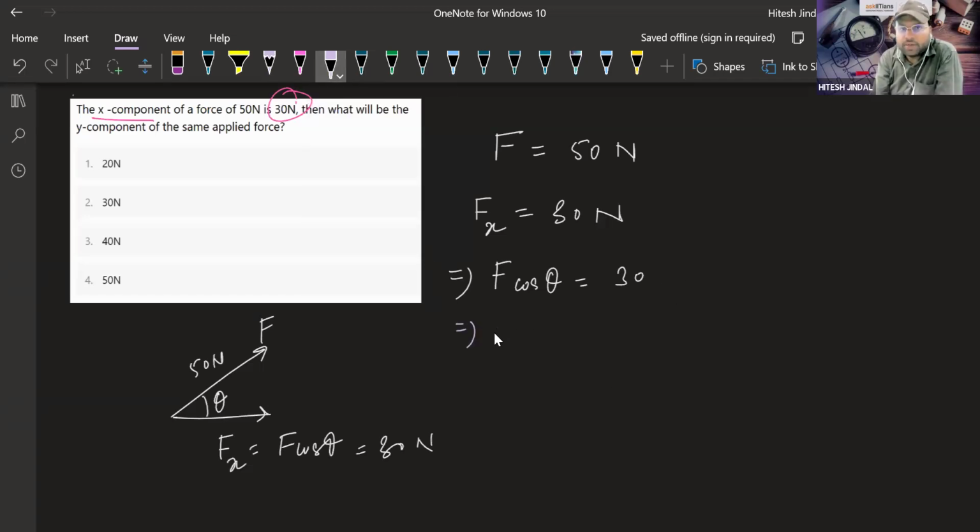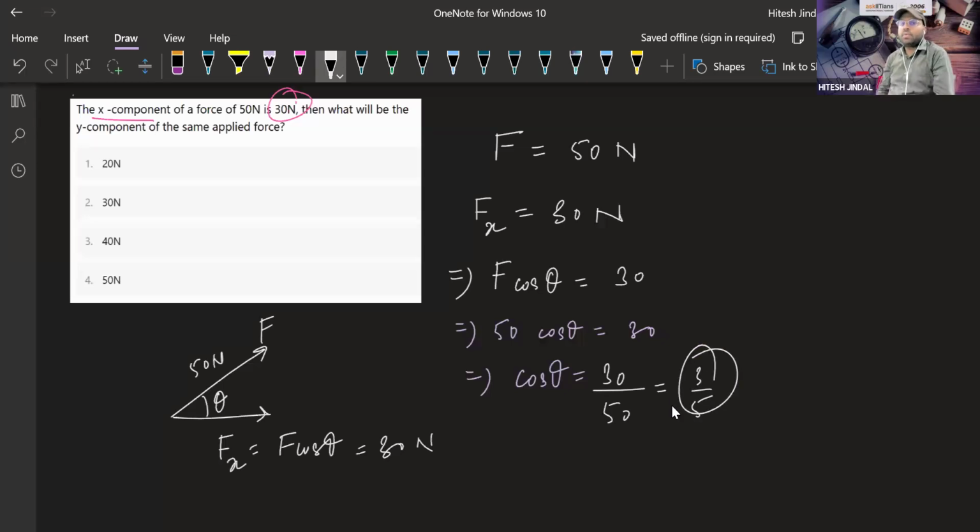So now F is 50. So 50 cos theta is equal to 30. What is cos theta? Cos theta is 30 by 50. That is 3 by 5. Right?